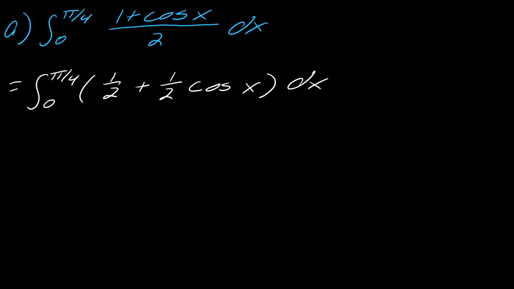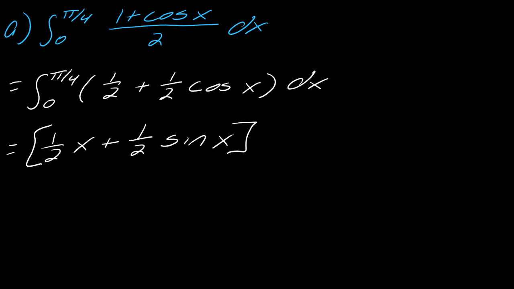From here I can take the antiderivative of this whole piece. The antiderivative of this is 1/2 x plus 1/2 sine of x, but this is a definite integral, so I'm going to put square brackets around this and put my limits of integration here. This is what I want to plug in now.